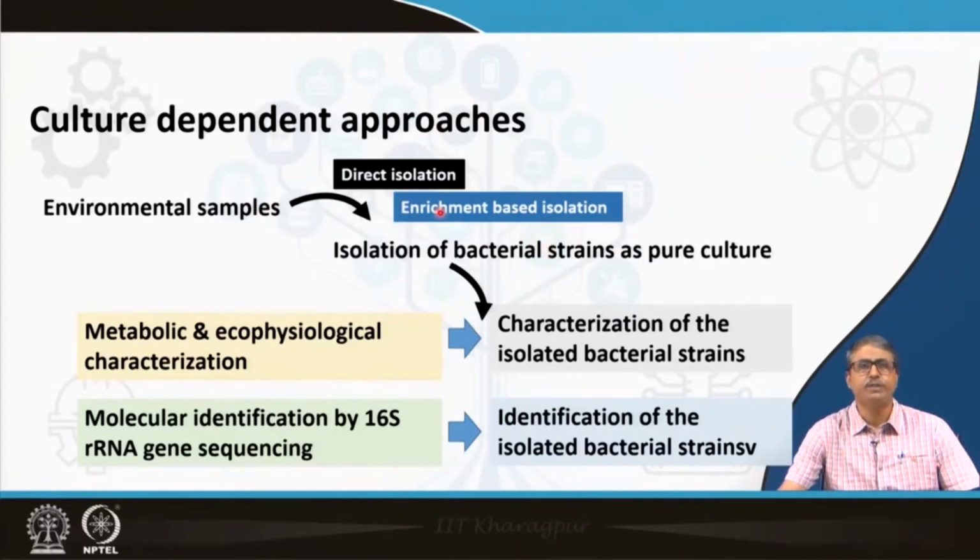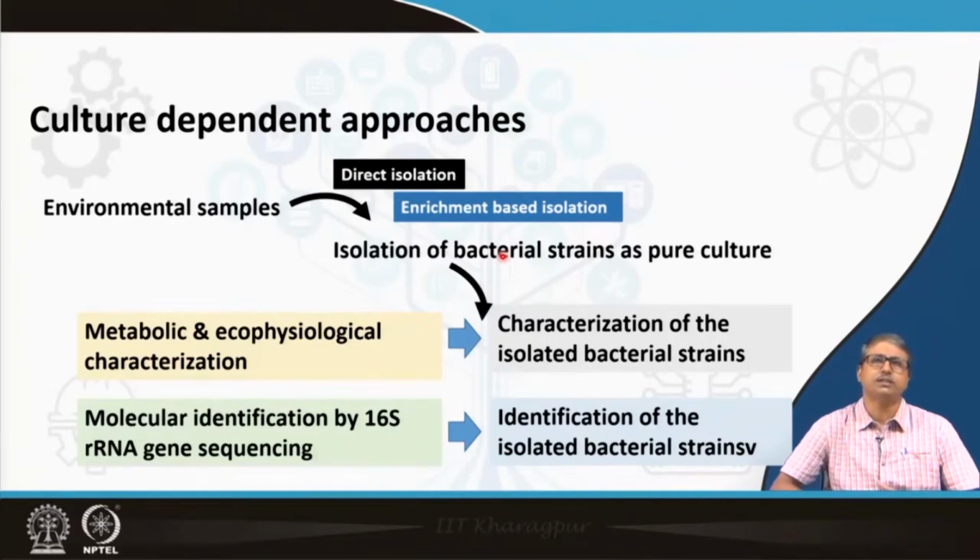In case of enrichment based isolation, as we already discussed, certain enrichment conditions are created based on the substrates and the conditions that are relevant for a particular sample. I will try to explain the enrichment based procedure in a little more detail after some time. So, basically whether we are using the direct isolation technique or the enrichment based isolation technique, we will eventually have some pure culture bacteria with us.